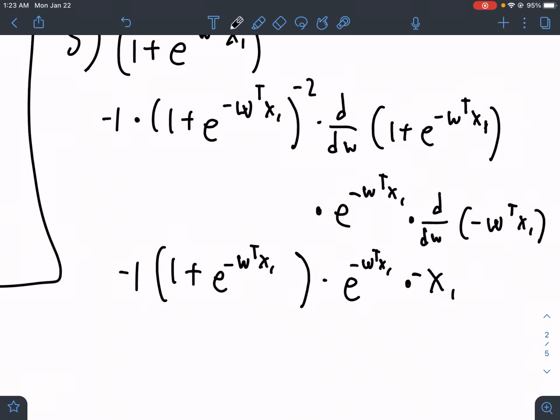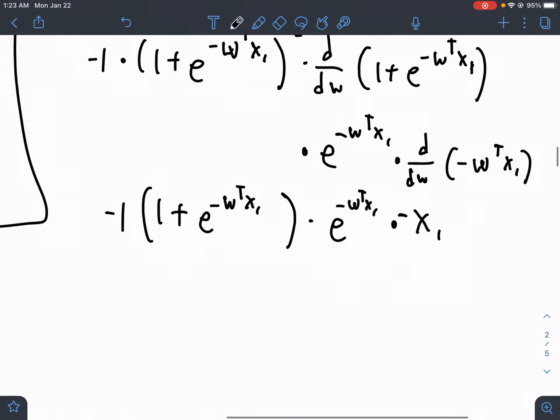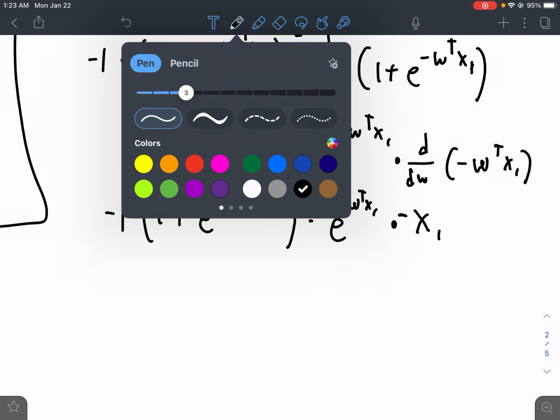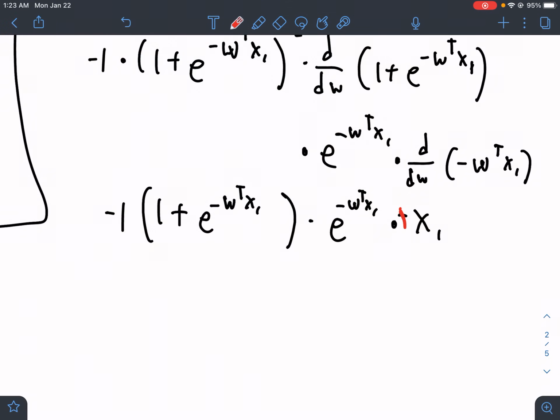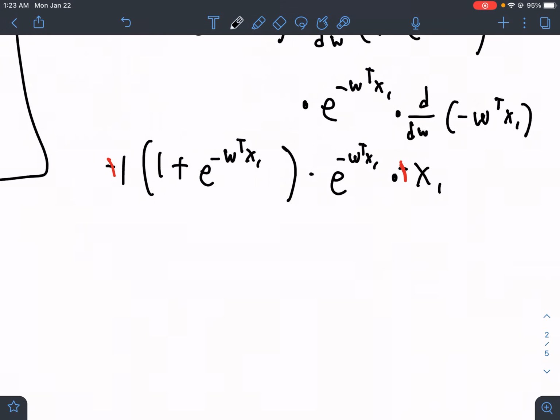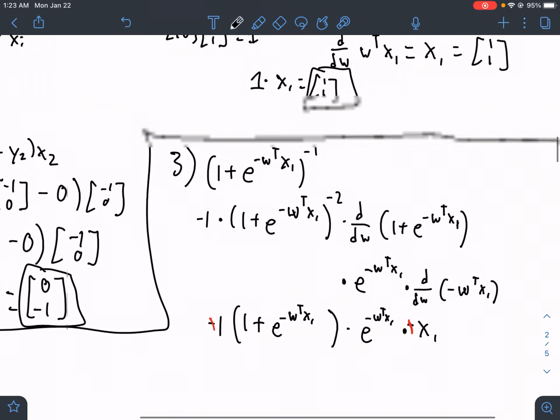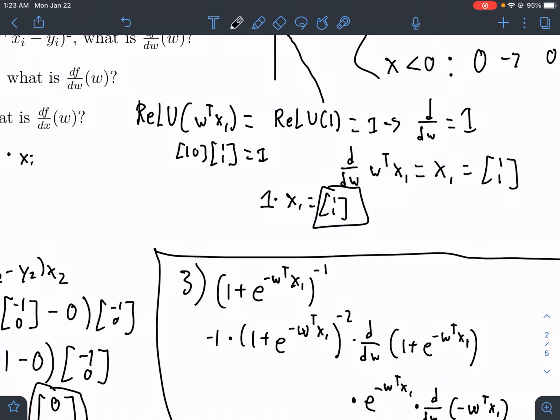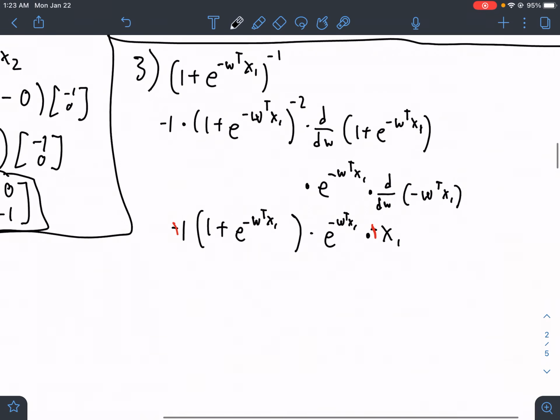Okay, so this looks pretty long, but we can solve this. For starters, let me get it in red. We can cross out these two negative signs. Then we can calculate w transpose x1, but we already did that earlier. That is right here. So that's just going to be 1.